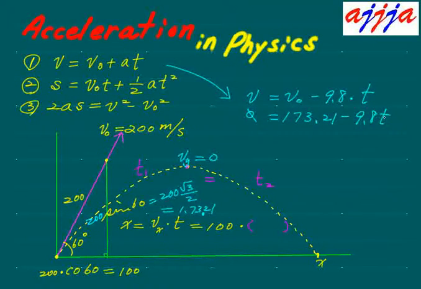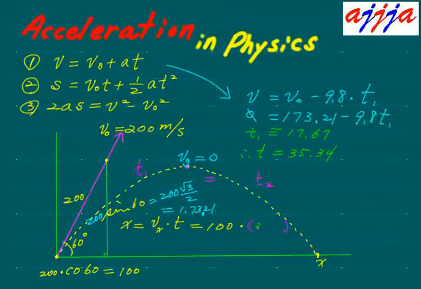Now we're going to find t. We're talking about t1 right here, later you multiply by 2. So we found t1 is about 17.67. So t equals twice that, about 35.34 seconds.